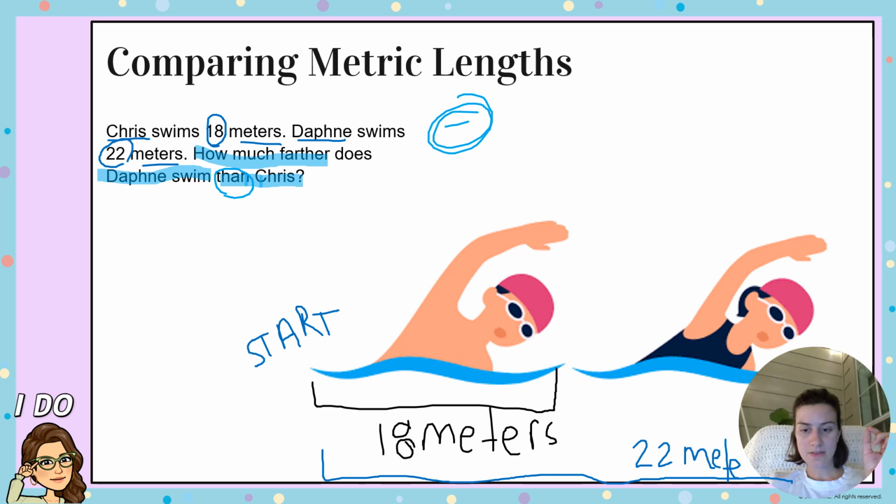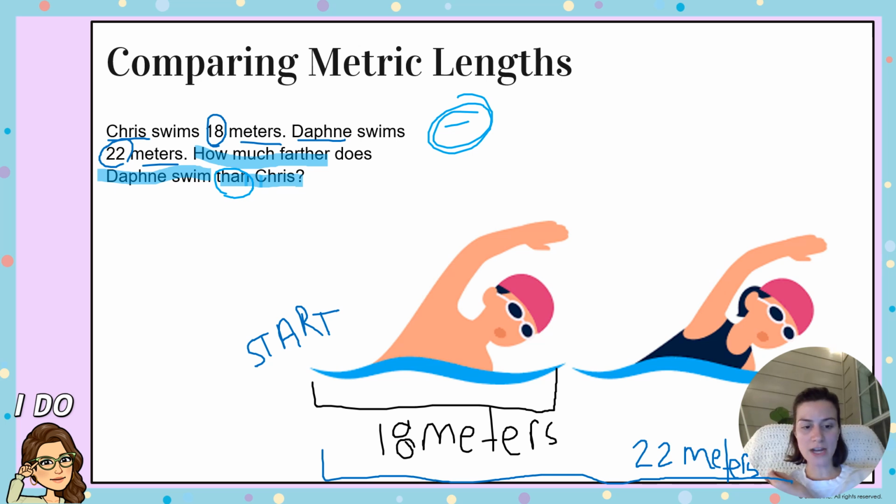Sorry, guys. This pen is not easy to use. Okay. And so what they're asking me to do is find the difference between the two amounts. If Chris is finishing here, Daphne is finishing here, how much farther did Daphne swim than Chris?